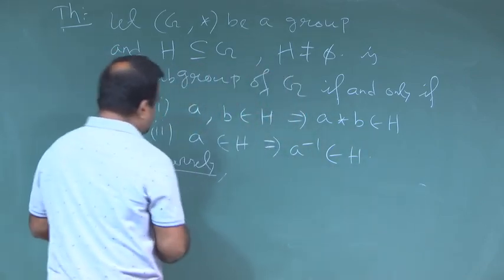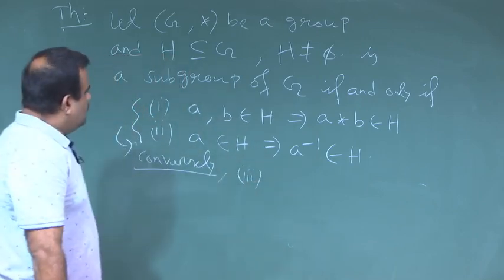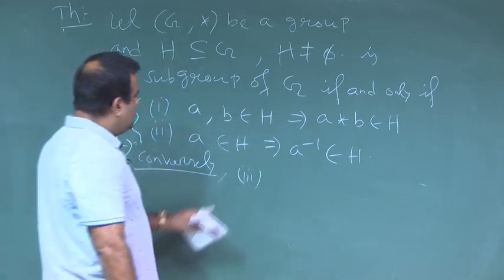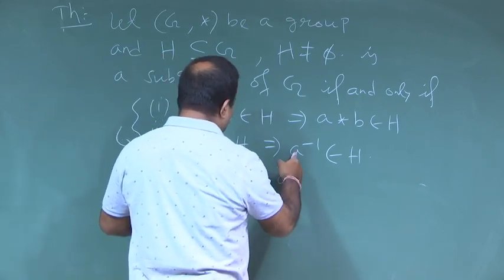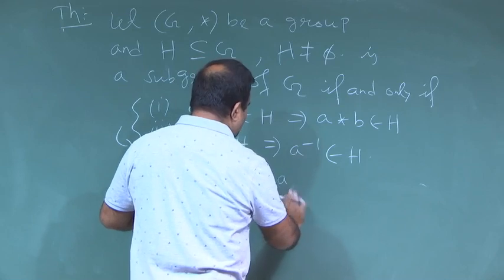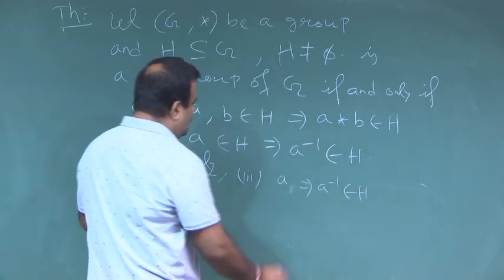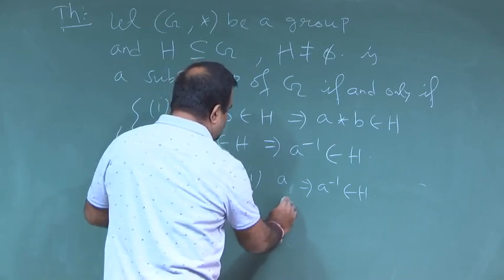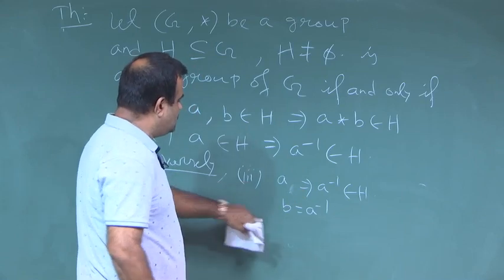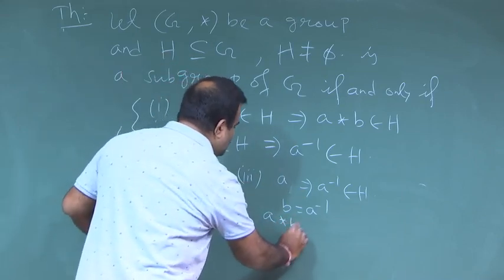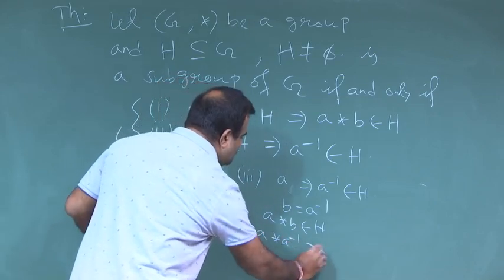Now, we need to check whether the identity element belongs to H or not. So, existence of identity. Okay, now, if we take an element a, this implies a inverse also belongs to H. Now, taking b to be a inverse, we know a, b belongs to H means a star b belongs to H. So, this is a star a inverse, which is nothing but e.